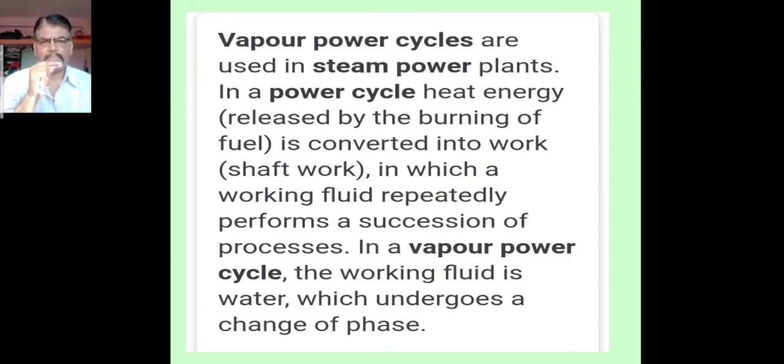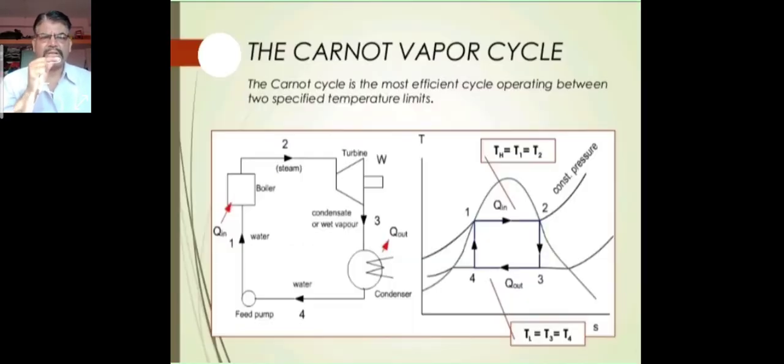In a vapor power cycle, the working fluid is water, which undergoes a change of phase, and that is converted into mechanical work. Now we can see the Carnot vapor cycle.